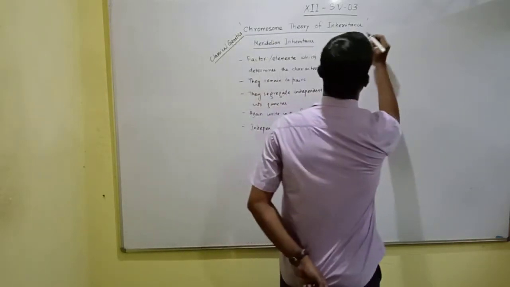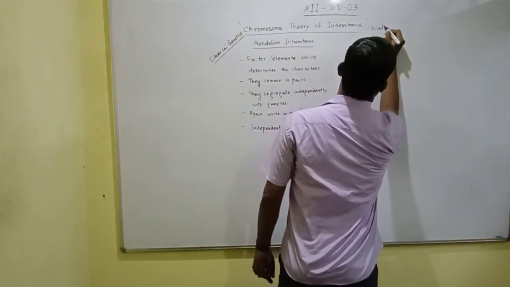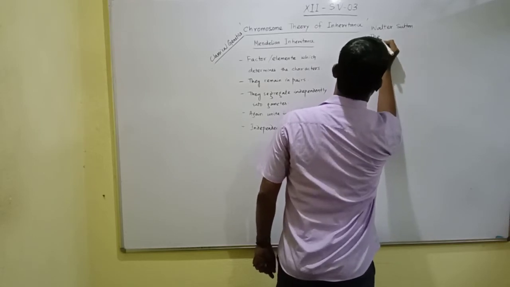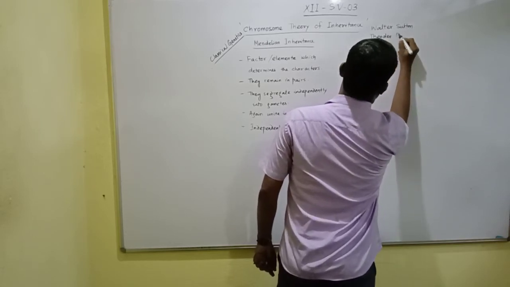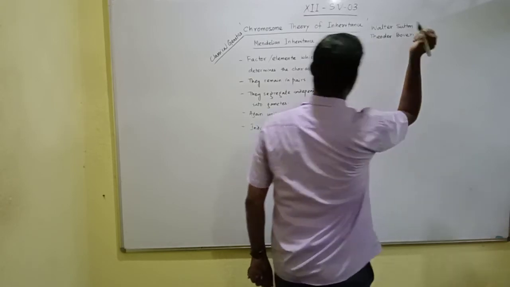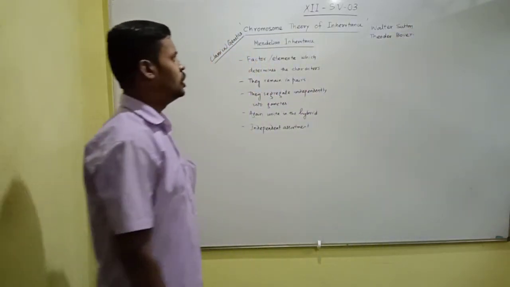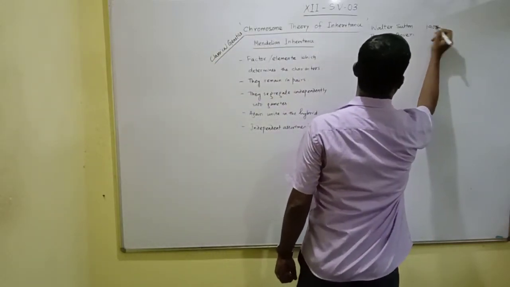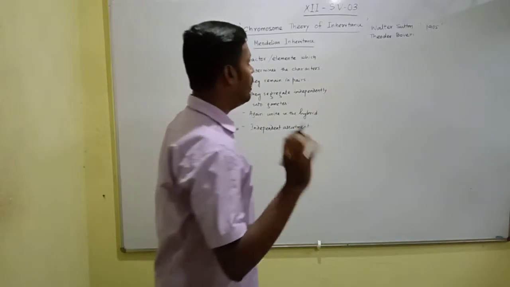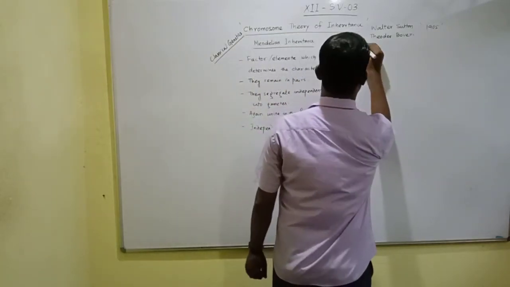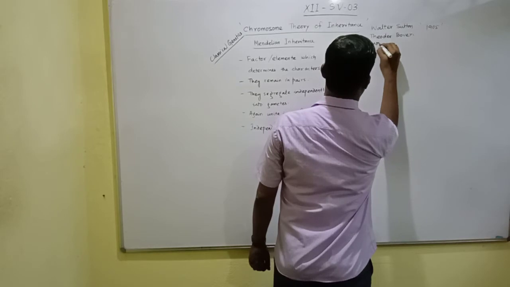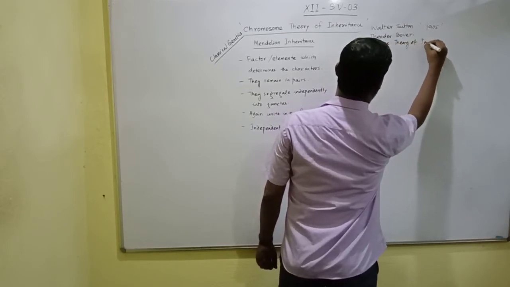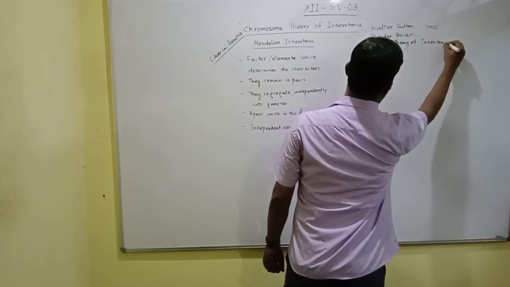It was Walter Sutton and Theodore Boveri, in 1905, who studied chromosomal behavior under the microscope, which is called the chromosome theory of inheritance.